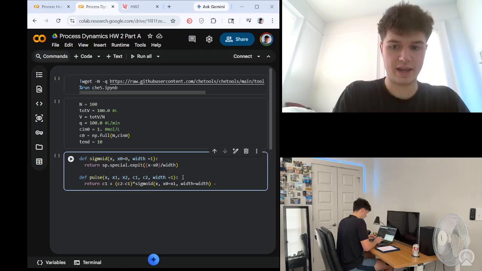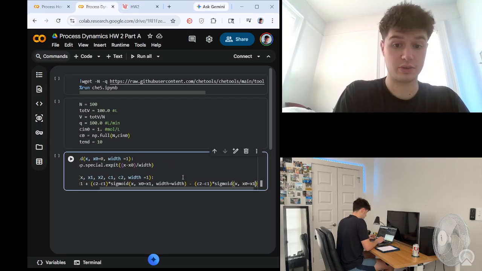Now you're going to take all that and subtract your C2 minus C1 value multiplied by, again, that sigmoid. You can see the importance of that function above. This time, x naught is going to be equal to x2 instead of x1, and the width is still going to equal the width.